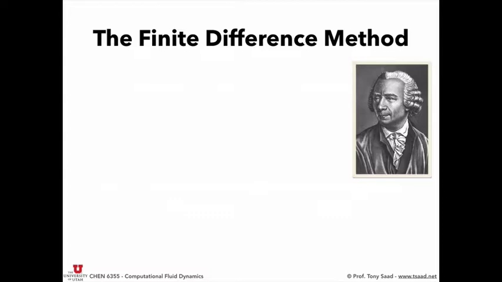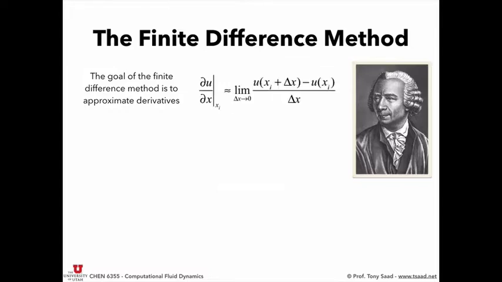Amazing person. So anyway, the goal of the finite difference method is to approximate derivatives, and that's kind of where differential calculus or finite difference calculus started. And the most basic definition of a derivative that you are familiar with is likely this formula.